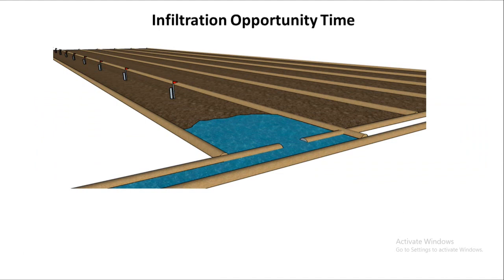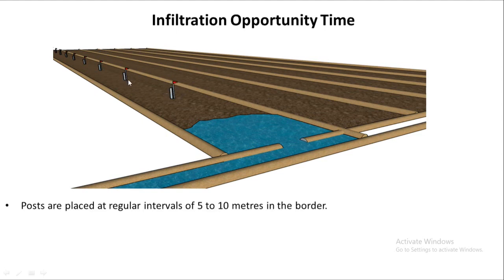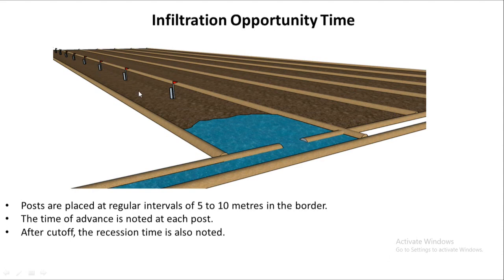Now this is a border, and as you can see there are markers or posts placed along the border. So how can we obtain infiltration opportunity time in the field while irrigation is going on? First you have to place the markers at regular intervals along the border, and then you have to note the advance and recession time at each post.